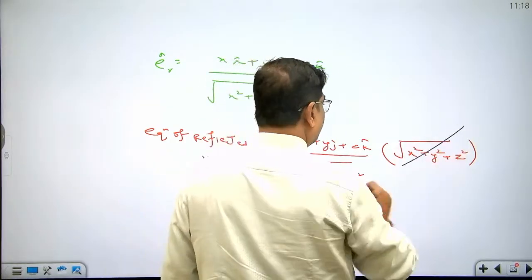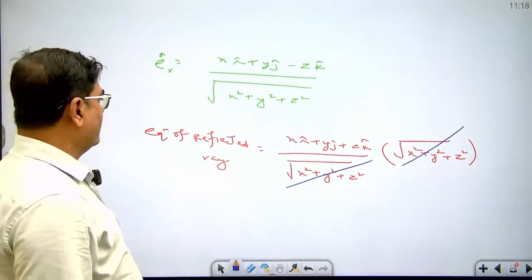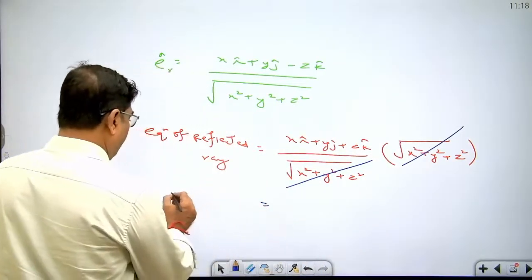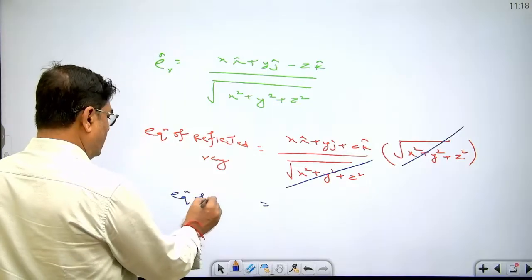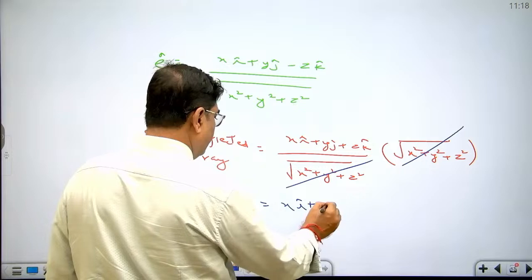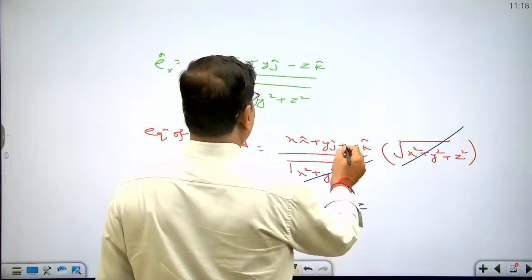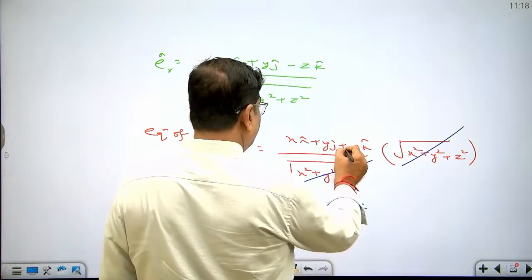Cancel the under root terms. So the final equation of the reflected ray in our case is x i cap plus y j cap minus z k cap.